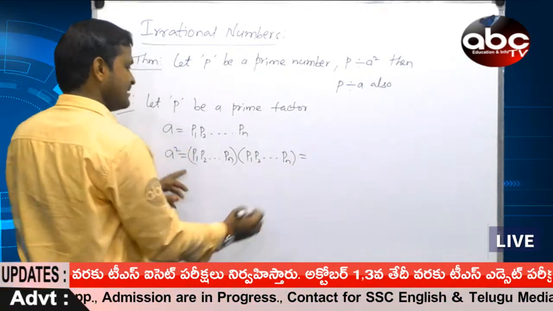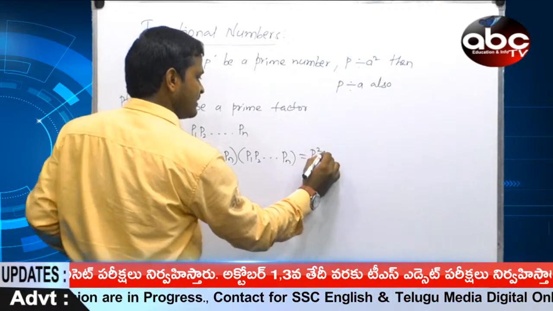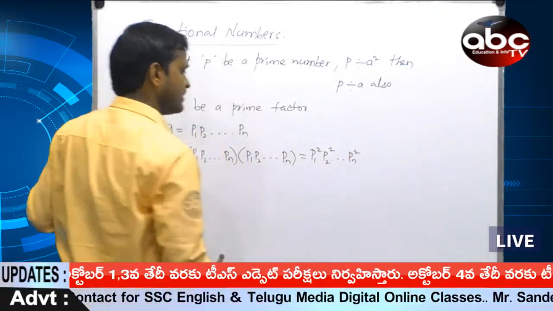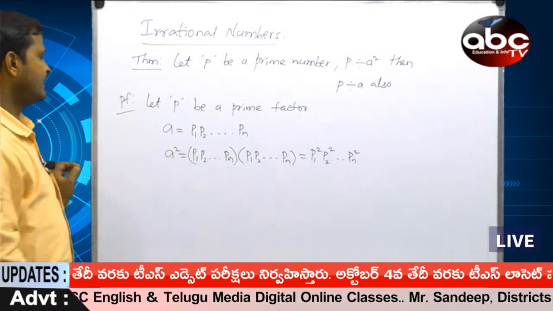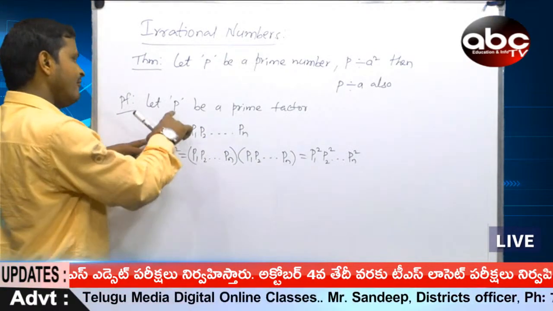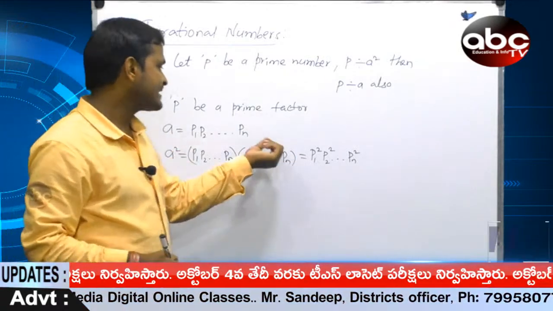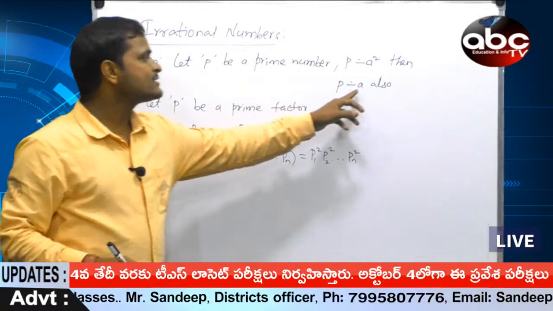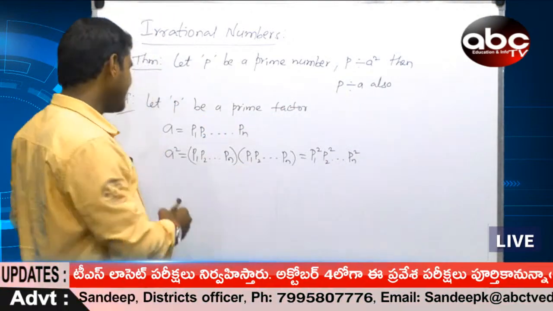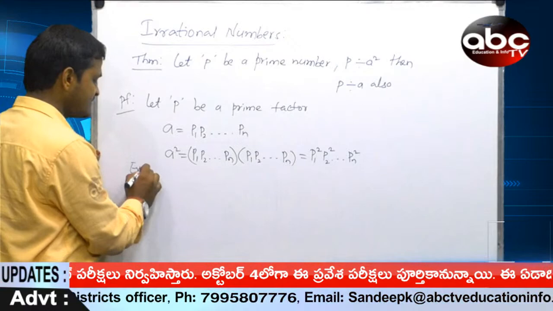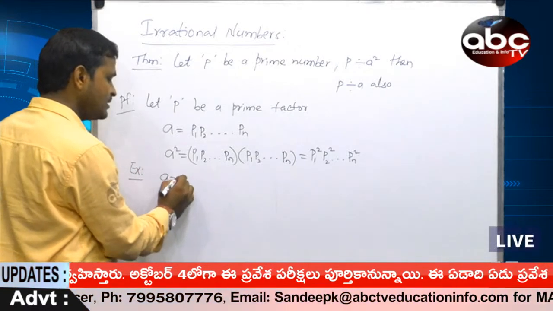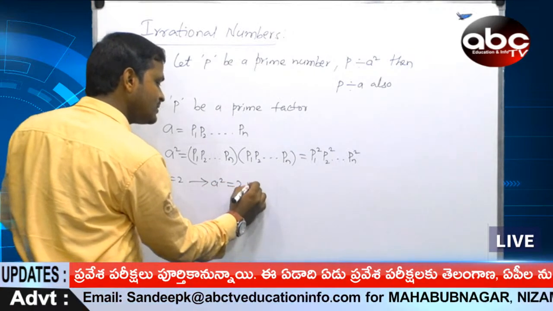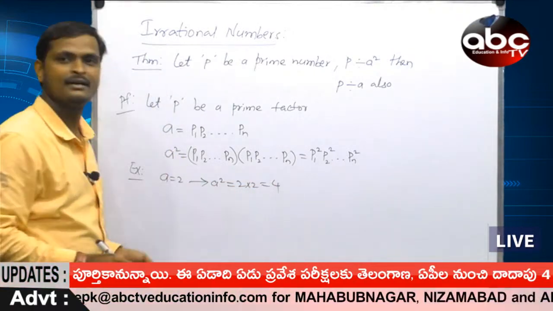That means p1 square, p2 square, pn square. When p divides a square, then p also divides a. Let's see one example. First, suppose a is equal to 2, then what is the a square? 2 into 2, that means 4.